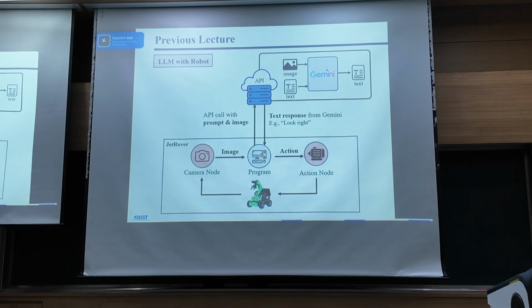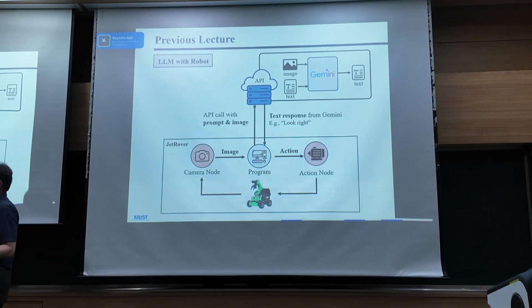Because there's a camera in here, and there's a camera node that's taking pictures. And there is an action node, which is a motor, various motors in this thing. There are 6 motors in this thing.